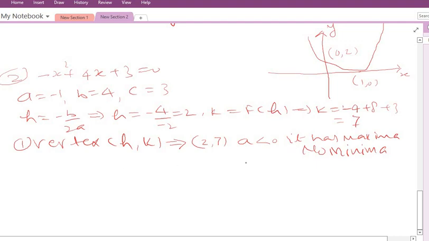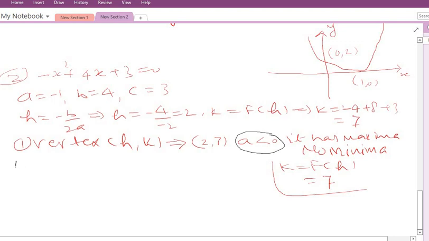That means k is equal to f of h, which we already calculated. So this is the maximum value. Here a is already decided, a is negative. So now we can write the next answer.